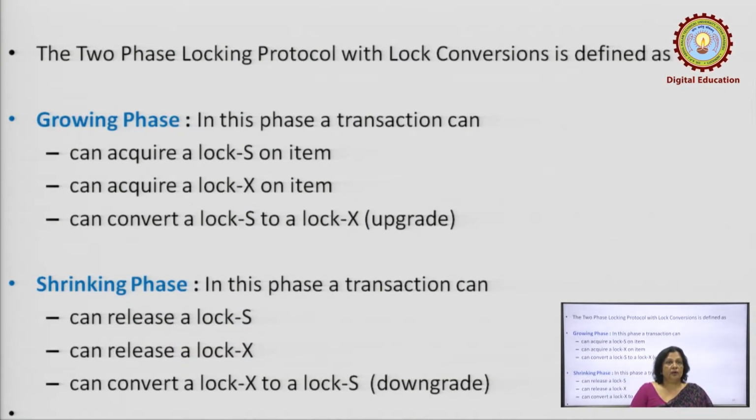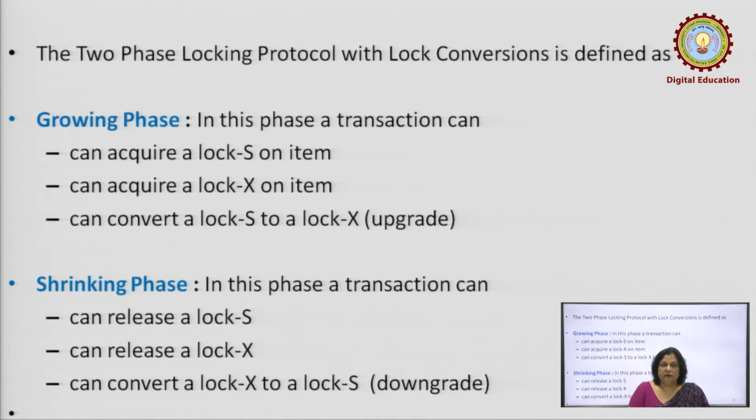The two-phase locking protocol with lock conversion is defined as follows. During the growing phase, the following can happen. The lock in the shared mode can be acquired, locks in the exclusive mode can be acquired, and the lock can be converted from the shared mode to the exclusive mode.